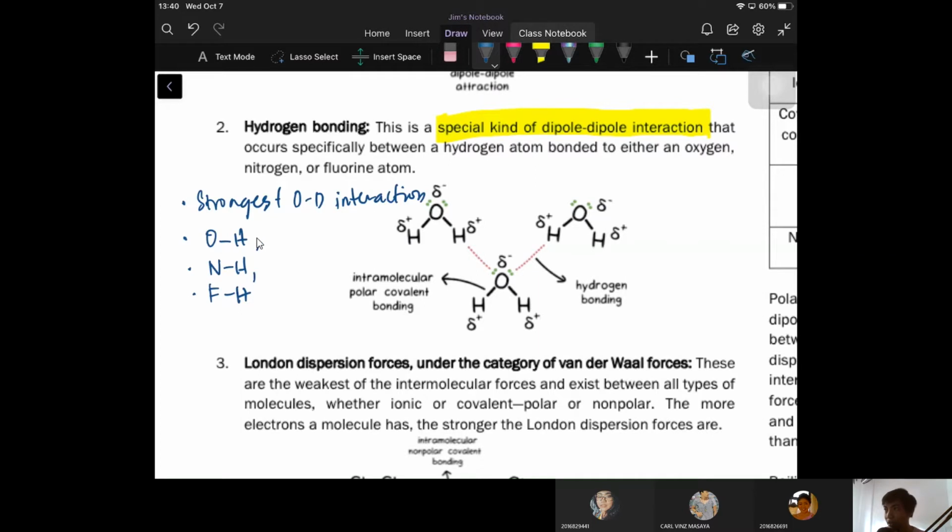Actually, hindi lang sa water, even sa ating amino acids, sa ating DNA. Remember your nucleotide bases, ACGT, yung nasa DNA. They are paired, di ba? Naka-double strand yan, di ba? So yung pairing ng ating nucleotide bases natin, yung A, yung T, yung G and C, they are paired with hydrogen bonding as well. Yung nucleotide bases na yon, may NH bond yon.